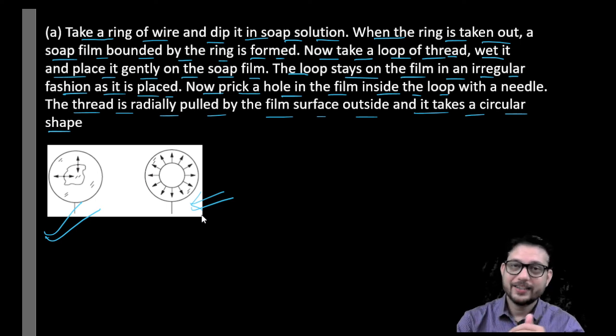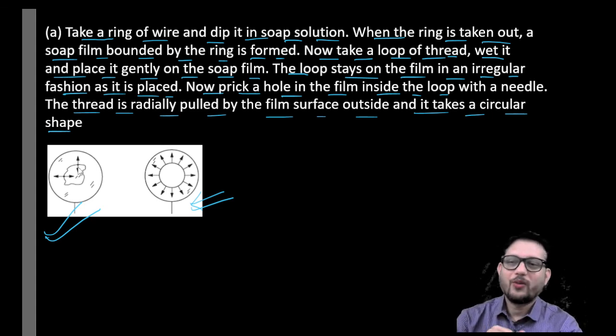So I hope that now it is clear that there is a certain property and we named that property surface tension. You can visualize this property by yourself by demonstrating this experiment at your home.